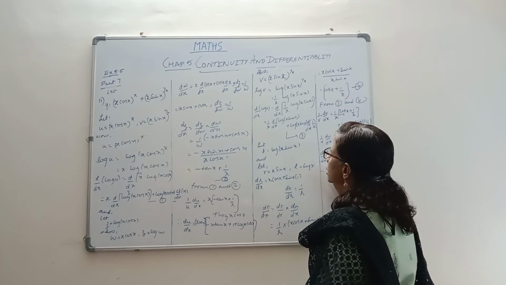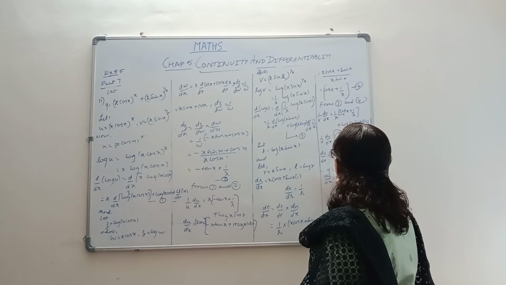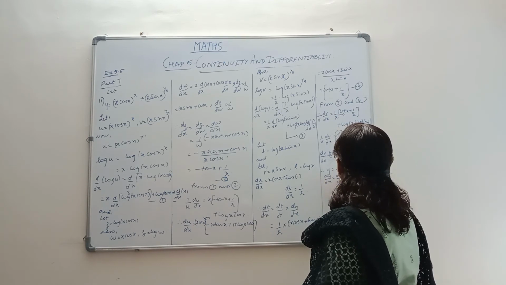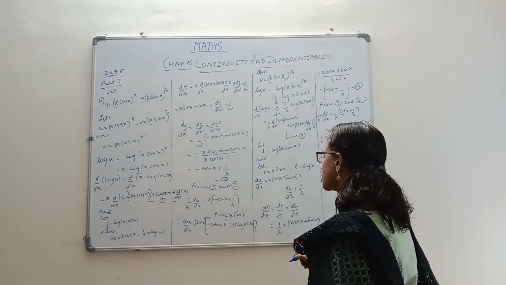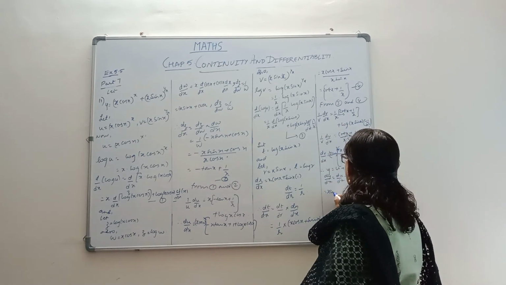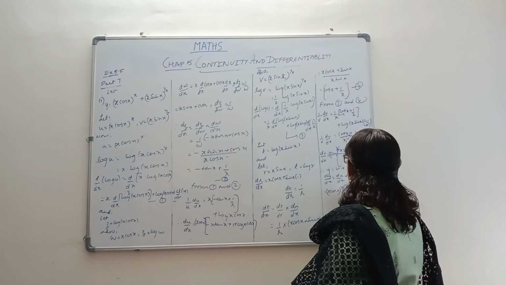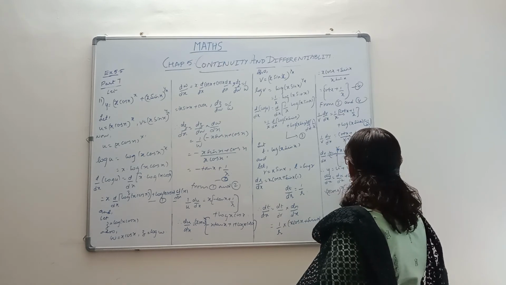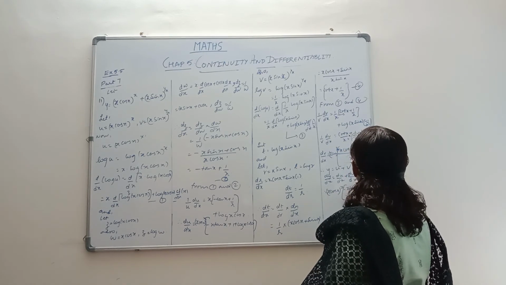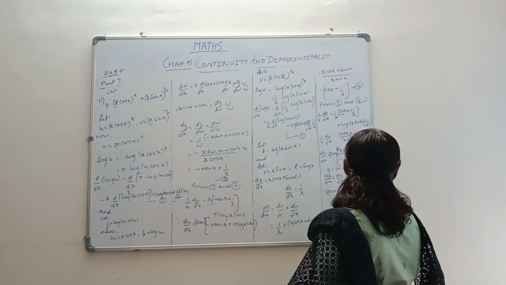Therefore y becomes u plus v, so your dy by dx becomes du by dx plus dv by dx, and all this is ready made with us. Du by dx is x cos x raised to x times minus x tan x plus 1 plus log x cos x.